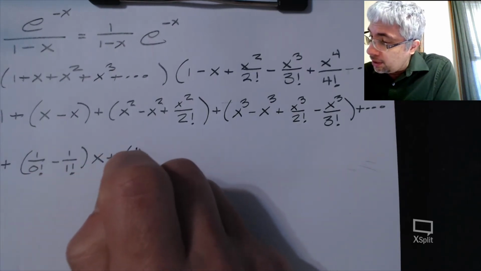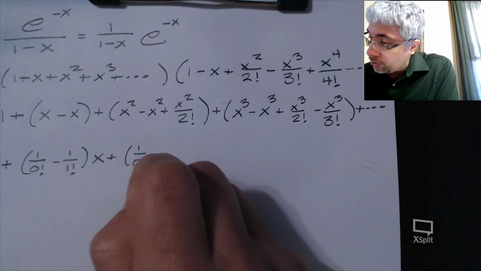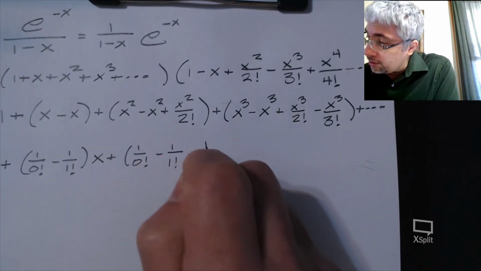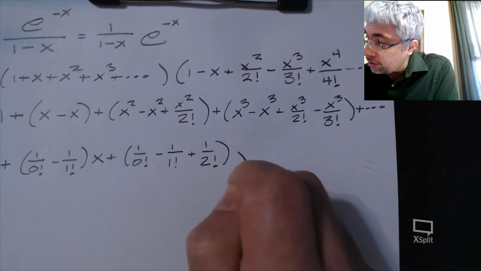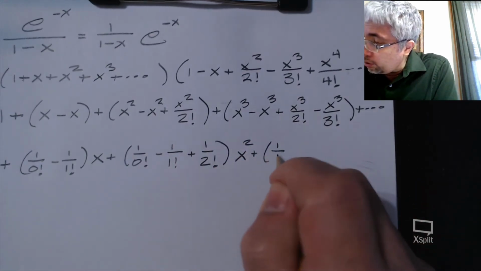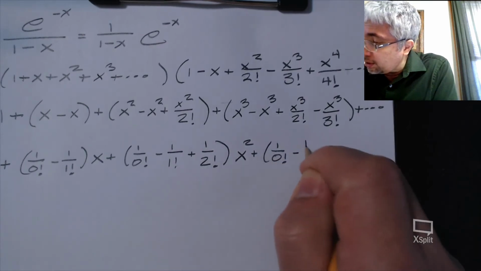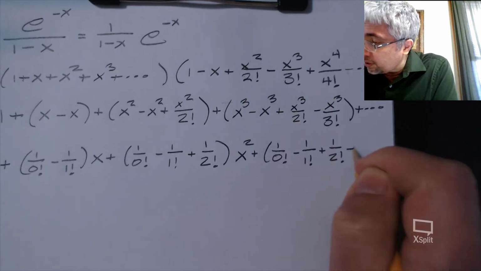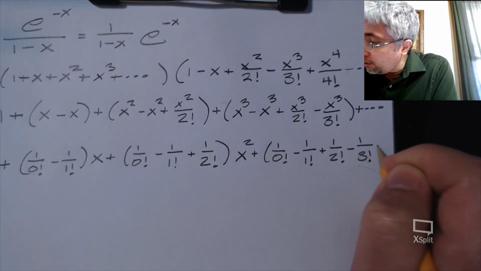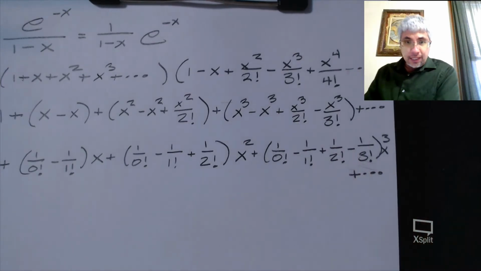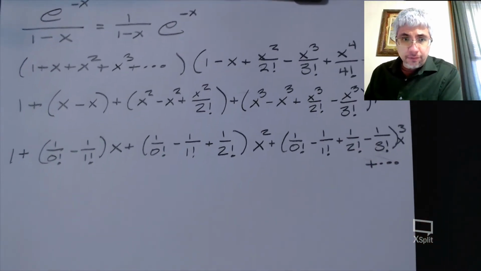And this would be 1 over 0 factorial minus 1 over 1 factorial plus 1 over 2 factorial. And if I pull out an x cubed, this would be 1 over 0 factorial minus 1 over 1 factorial plus 1 over 2 factorial minus 1 over 3 factorial. And so on. So I can definitely see what the pattern is here.